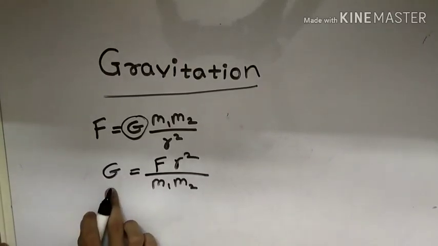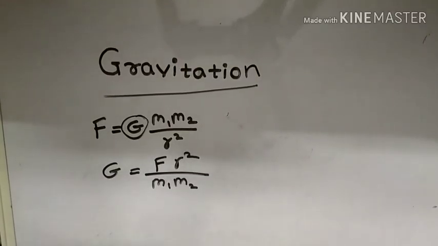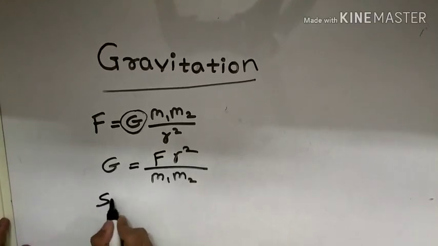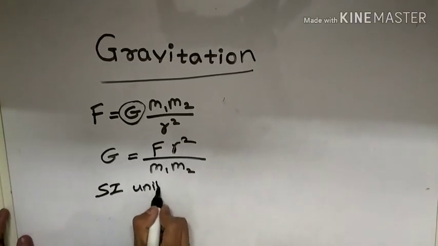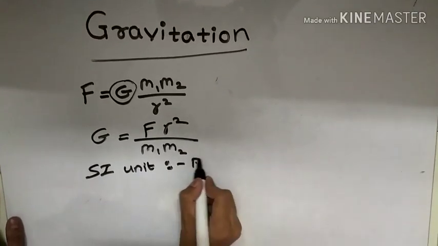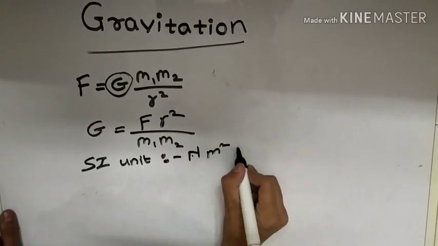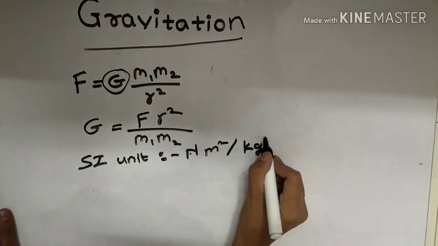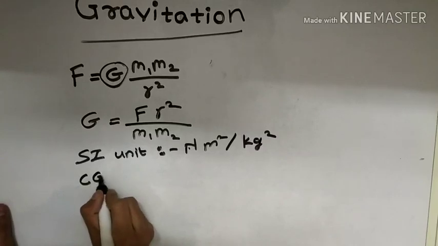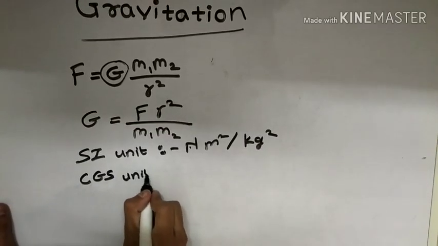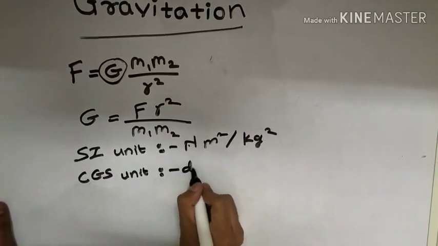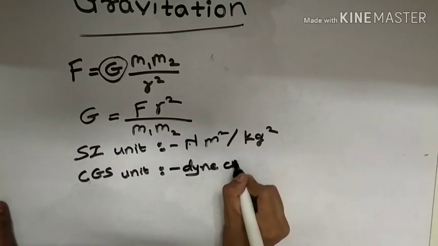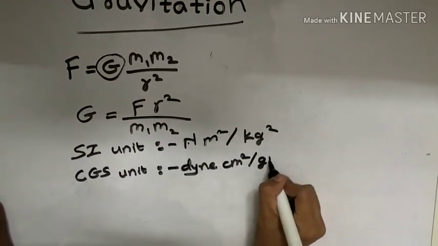This G is called the Universal Gravitational Constant. The SI unit for this G is Newton meter square per kilogram square, and the CGS unit is dyne centimeter square per gram square.